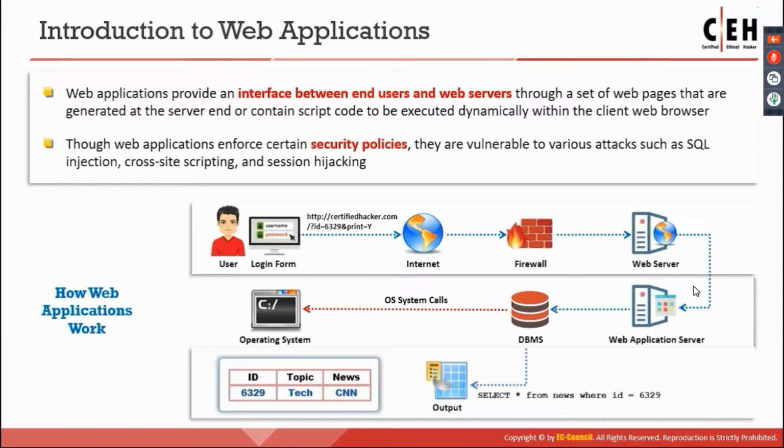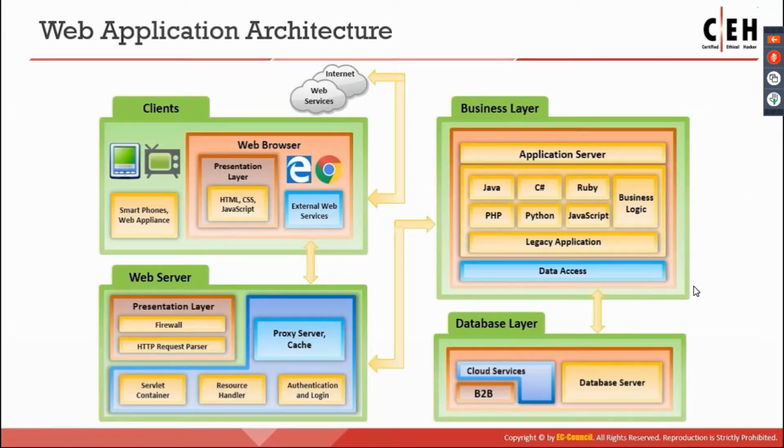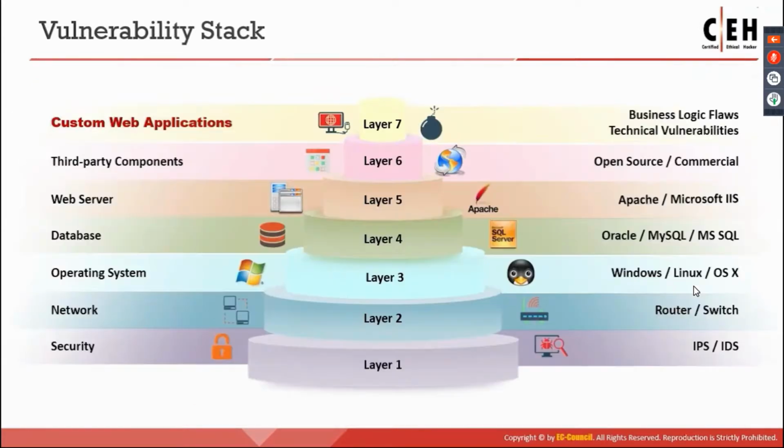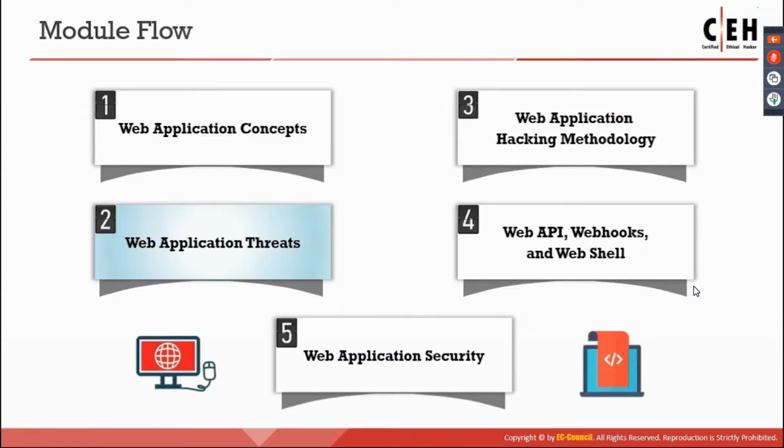What we do in this section is look at our web application architecture and explore ways that you can take all these web services, from SOAP and REST, and take advantage of that vulnerability stack and hack web applications.